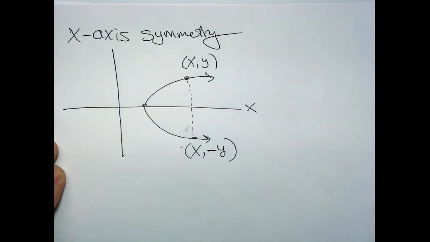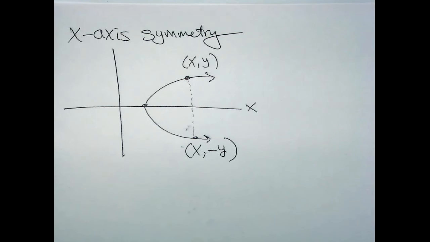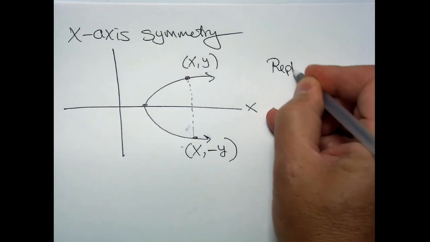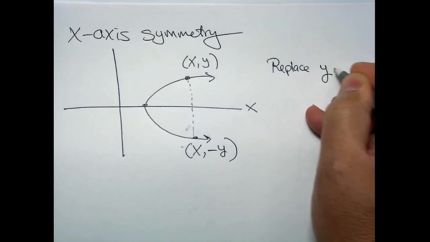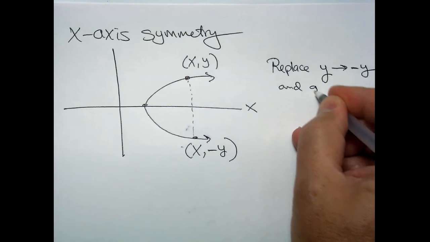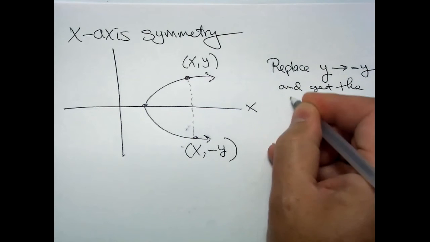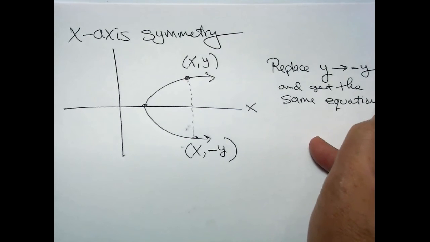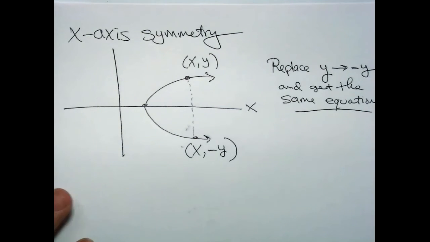Now, how would you think you could determine if your equation had x-axis symmetry? Well, if you replace y with minus y, and you get the same equation back, you've got x-axis symmetry.